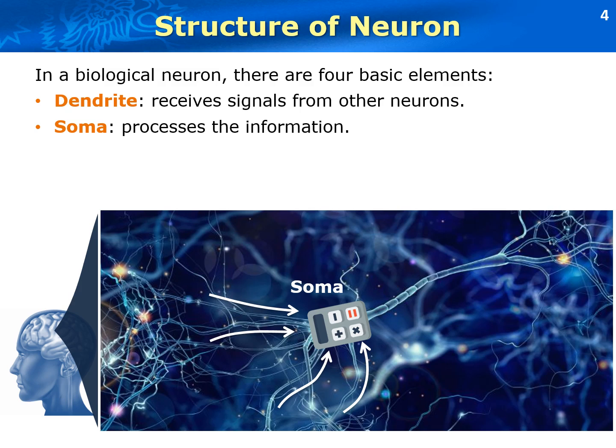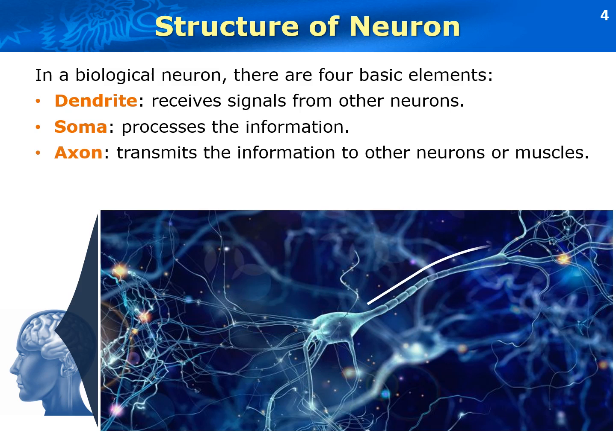Once the information is processed, they will be transmitted along the axon to other neurons or muscles. An axon is a nerve fiber that carries action potentials away from the cell body to the end of the axon, which we call axon terminal.